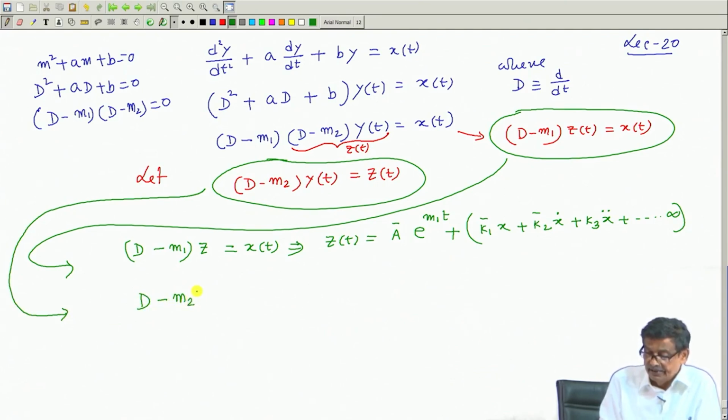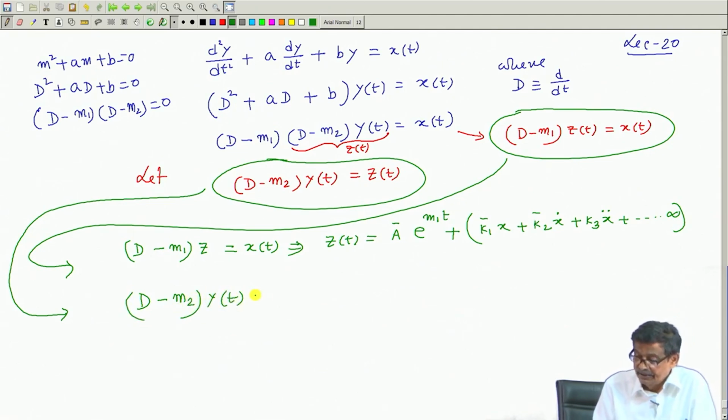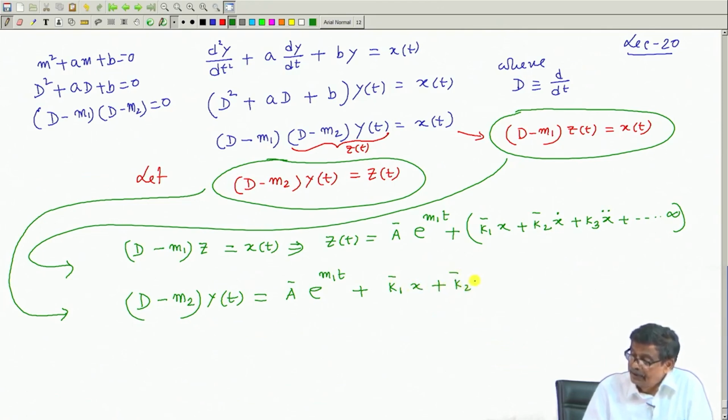It says that (D minus m2) into y(t), and the right hand side is the forcing function, which is this whole thing, that is a bar into e to the power m1 t plus k1 x plus k2 x dot plus k3 x double dot up to infinity.